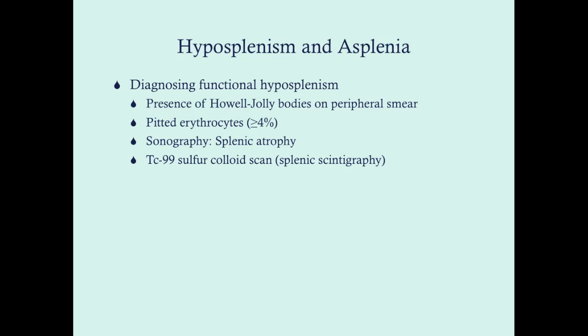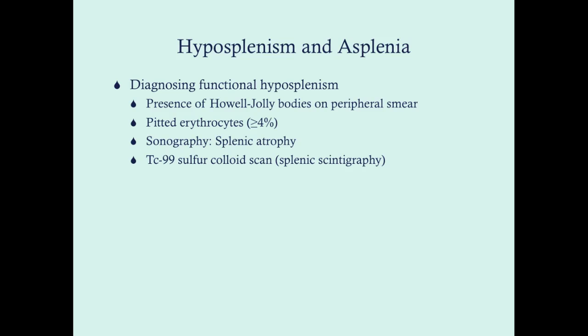And you can also get a nuclear medicine test known as technetium-99 sulfur colloid scan. This not only is useful for visualizing whether or not a spleen is there or if there's splenic tissue elsewhere, but it's also useful to determine the degree of splenic function. So this will show you how much the spleen is functioning as well, in addition to where the spleen is, if it's atrophied, or if there's splenic tissue elsewhere.